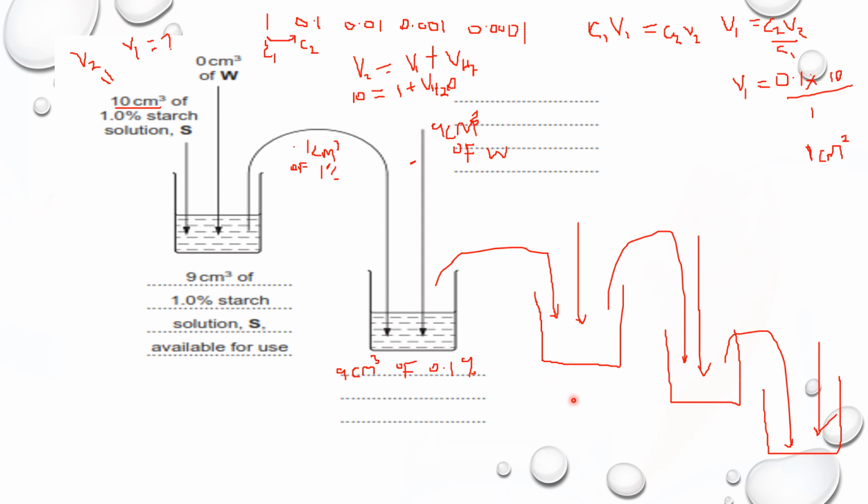This will be 9 cm cube of 0.01, then 9 cm cube of 0.001, and this will be 10 cm cube of 0.001.